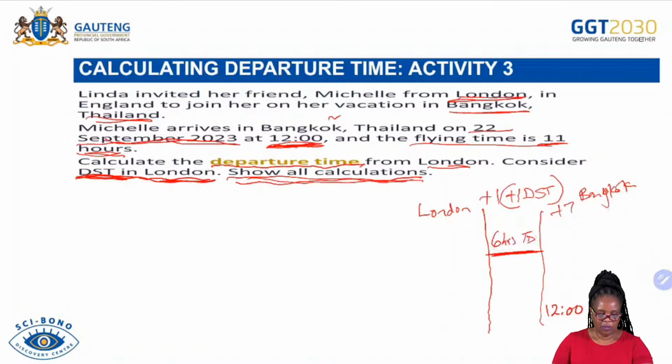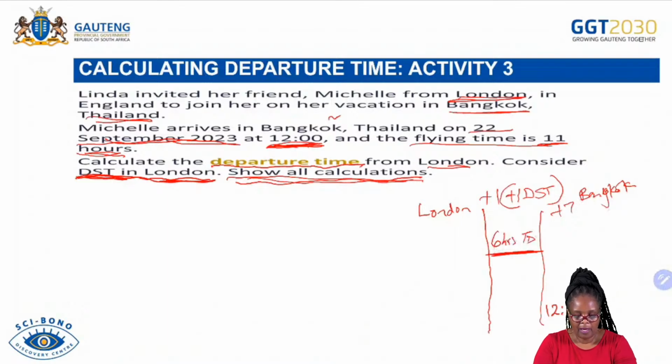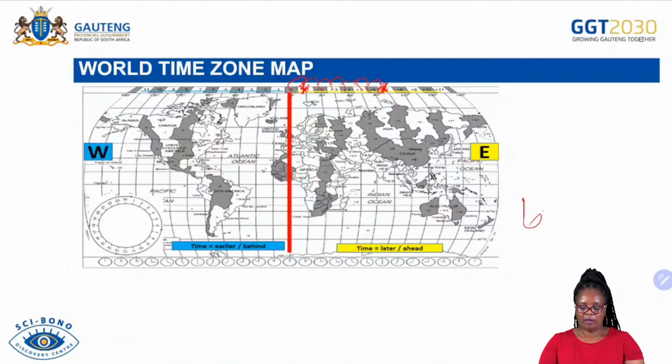So now the issue is, do we minus or do we add? How do we determine this? By the direction. So let's look at our map. Here is our London.